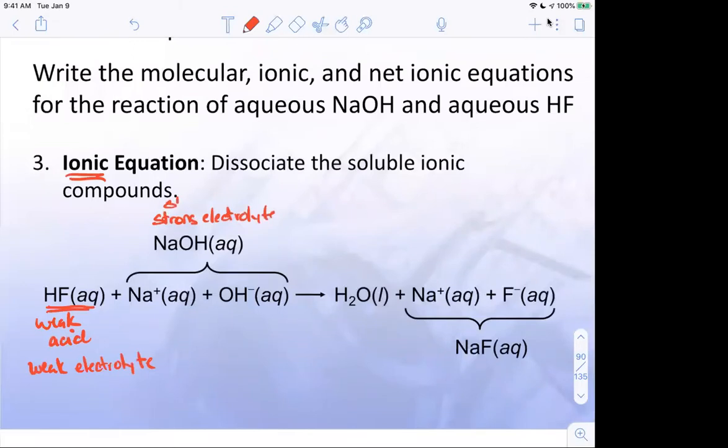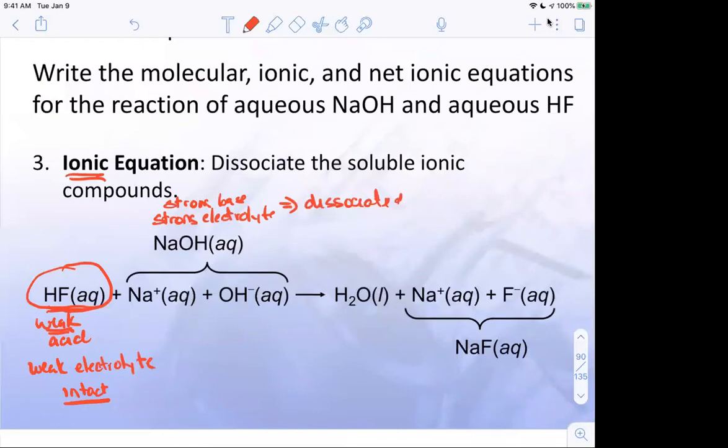It's a strong base, so it is completely dissociated. Weak electrolytes in my ionic equations remain intact. I do not ionize or dissociate or do anything. This is going to stay the way it is because it's a weak acid.